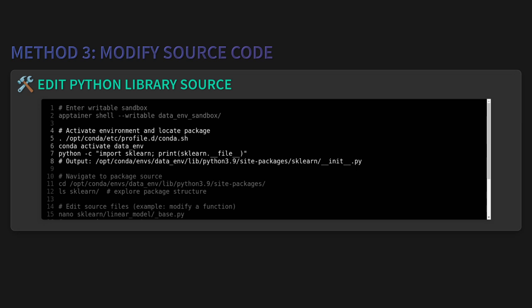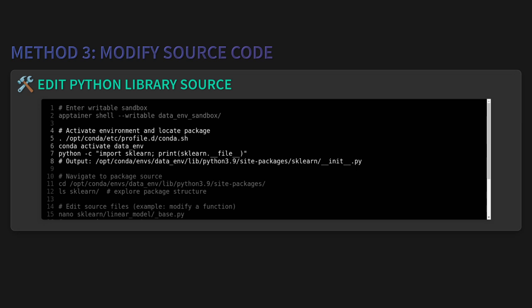So we can open the shell and we activate the environment the same way. We always need to do this when we are on the shell. And for example, if we want to locate where scikit-learn is, we just import it in Python and print its init, and this will give us the path of where scikit-learn is located.